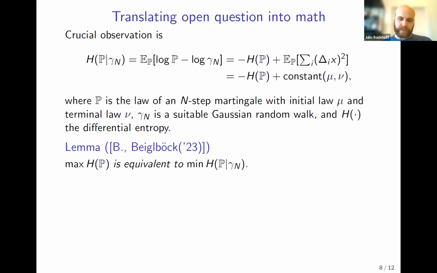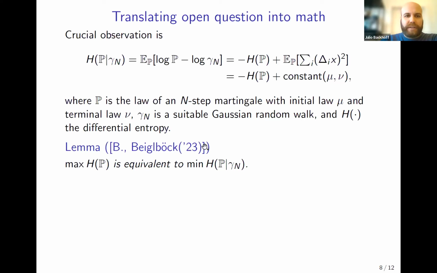So let's think of discrete time problems. Let's say a problem in n time steps. P is an n-step martingale, and we know its initial law, it's mu, and its terminal law is nu. So mu will be a Dirac at a point, and nu would be the Bernoulli.